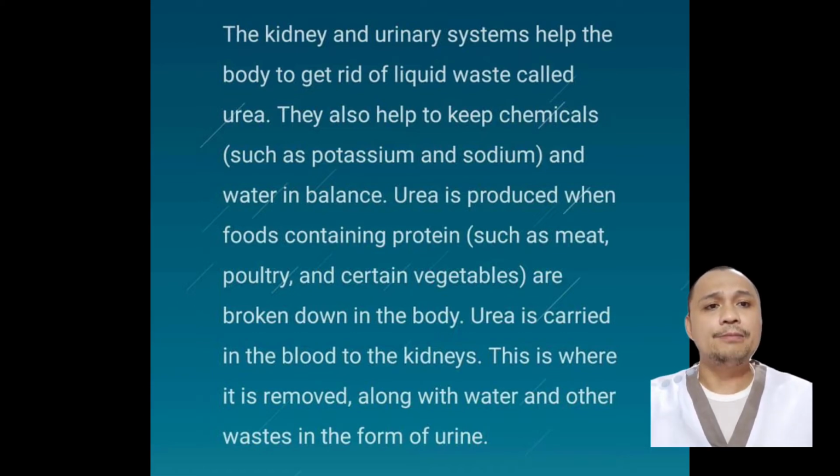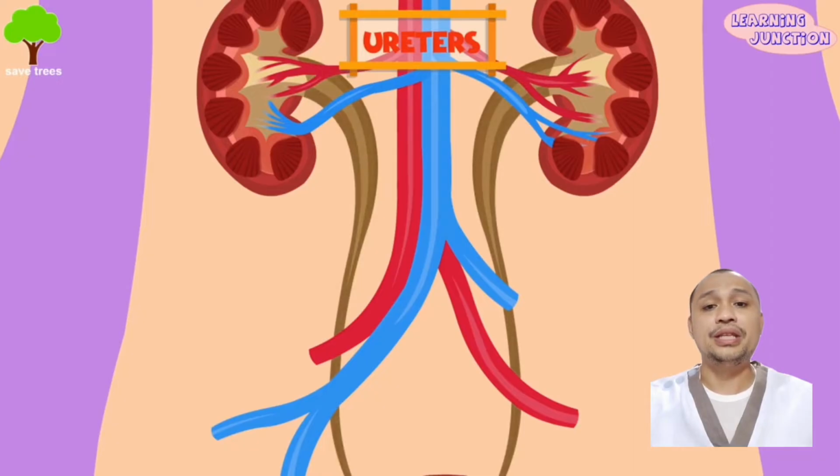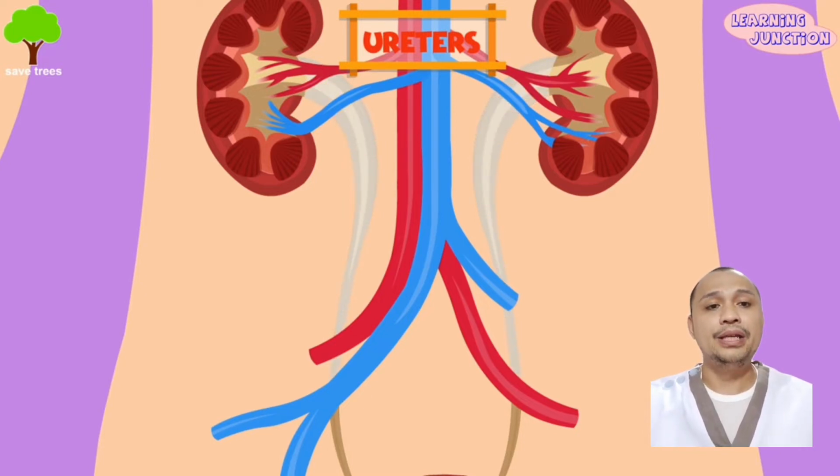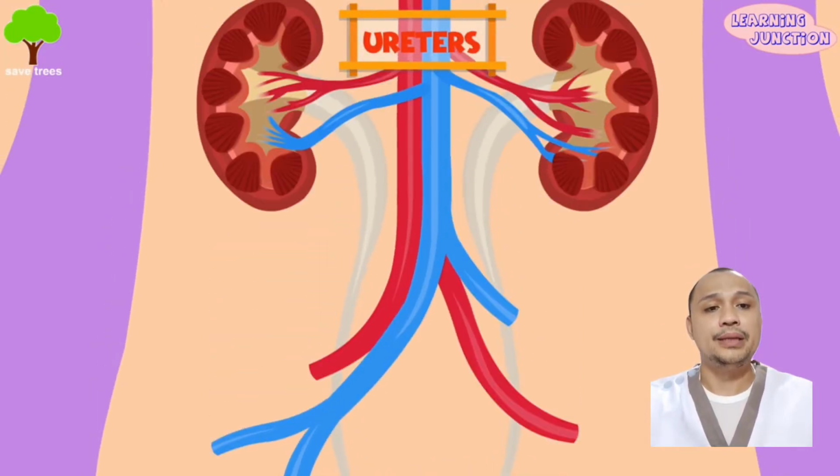They also help to keep chemicals and water in balance. Urea is produced when foods containing proteins are broken down in the body. Urea is carried in the blood to the kidneys. This is where it is removed, along with water and other waste, in the form of urine.